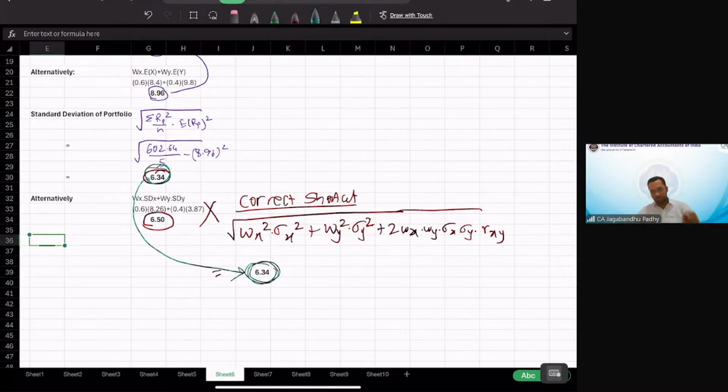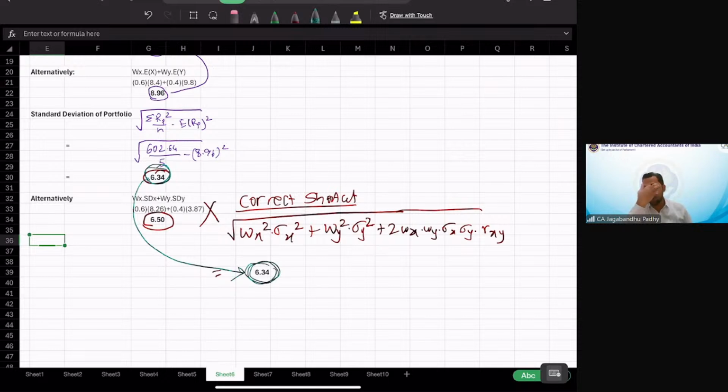So the real reason why the simple weighted average of standard deviations is not going to work is the relationship between the two variables, or the relation between the returns of two securities, in the form of correlation. That correlation is playing a role in changing the portfolio standard deviation.